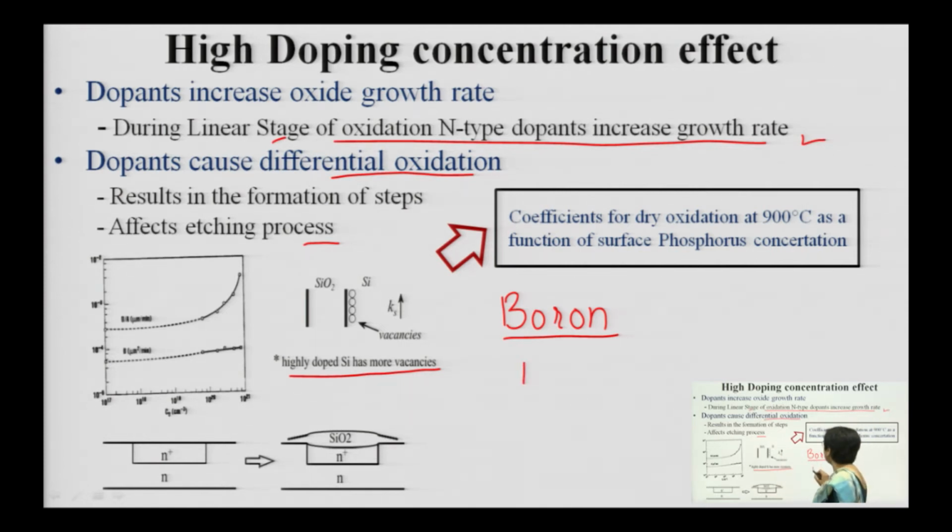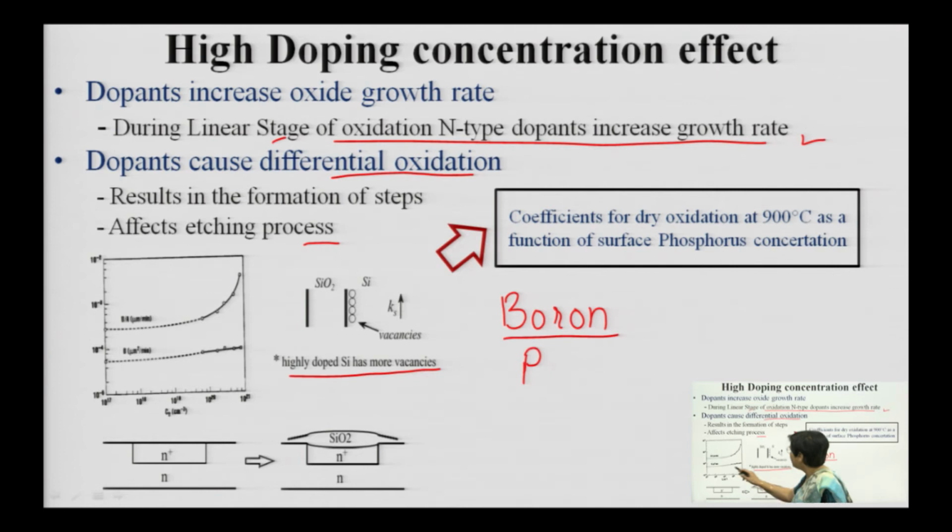Phosphorus may not have that much impact, but boron does. As compared to P type, N type impurities have more impact because of their reactivity and the formation of borosilicate, so they have more tendency to get oxidized very fast.